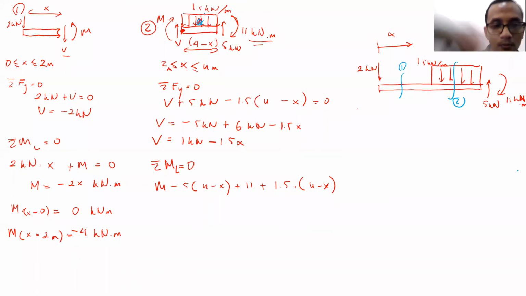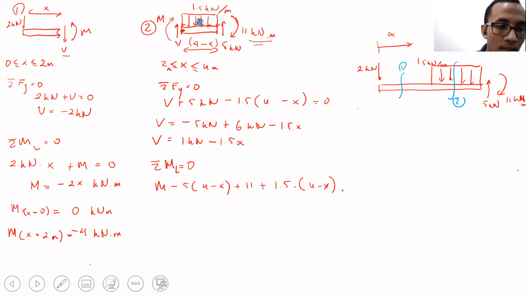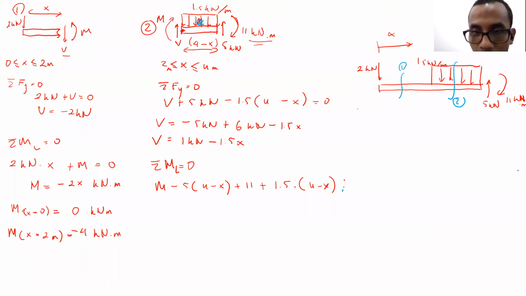So it's supposed to be multiplied by the distance there, multiplied by 4 minus x divided by 2. So 2 minus x per 2, equal to 0.